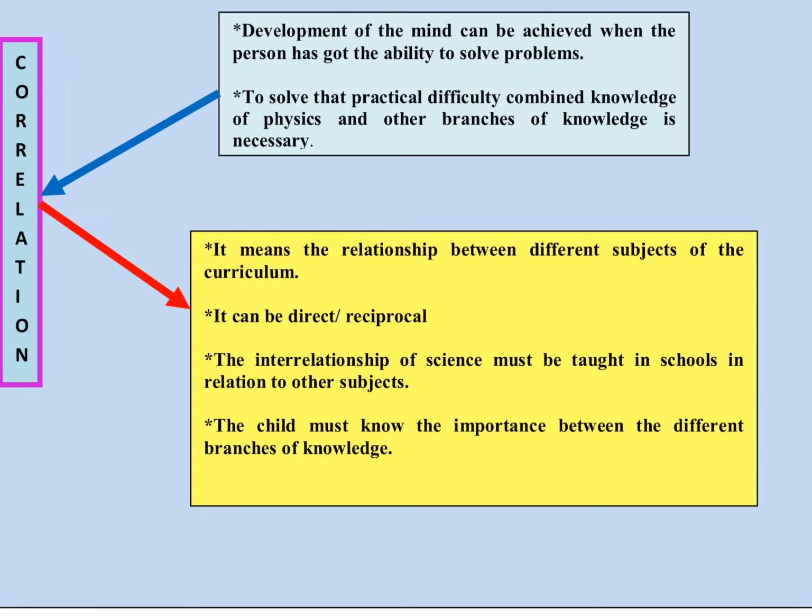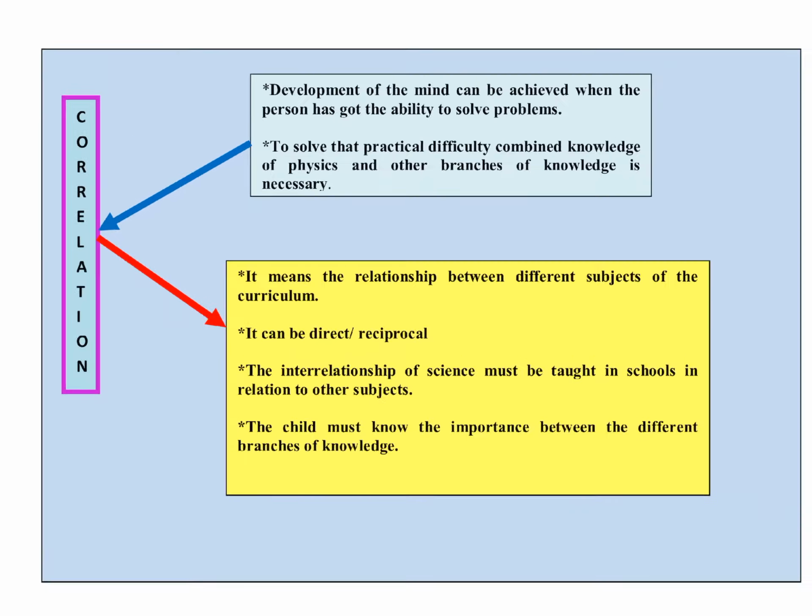Because of these two reasons, to develop the ability of problem solving and to solve the different problems related to our day-to-day life by utilizing knowledge, the interrelationship of science must be taught in school in relation to other subjects. The child also must know the importance of the different branches of knowledge. That's why we must understand this correlation.